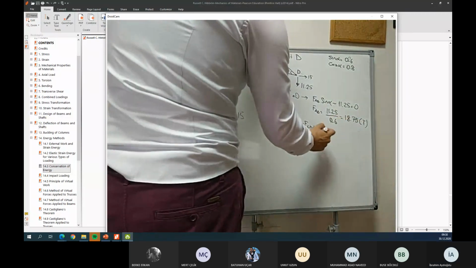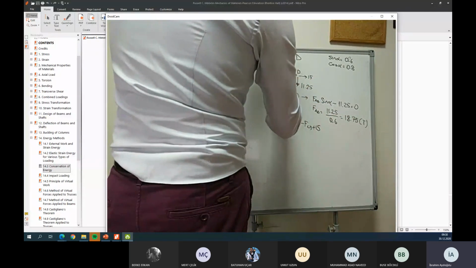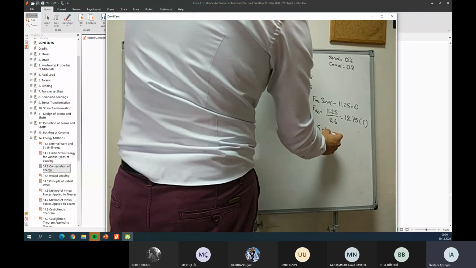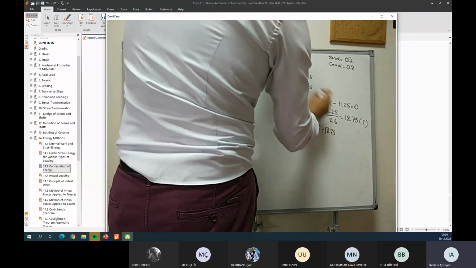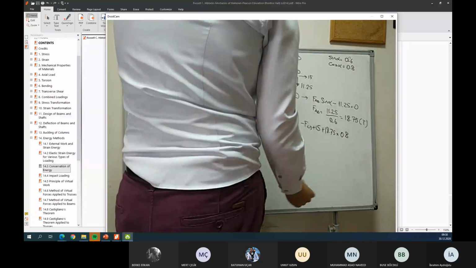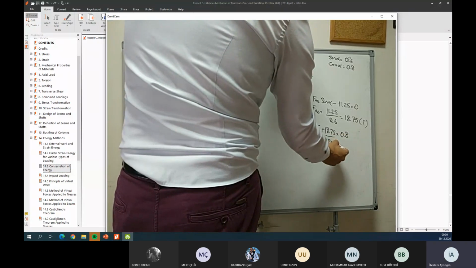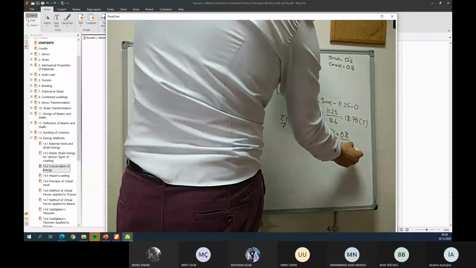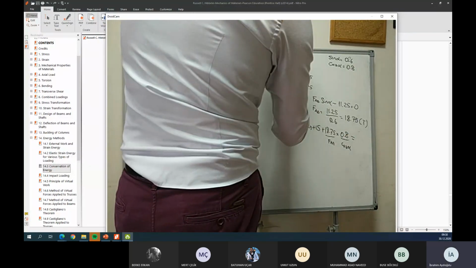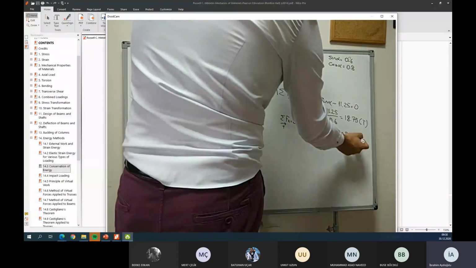This is the tension times, since I already computed F_AD, F_AD times cosine alpha is equal to 0.